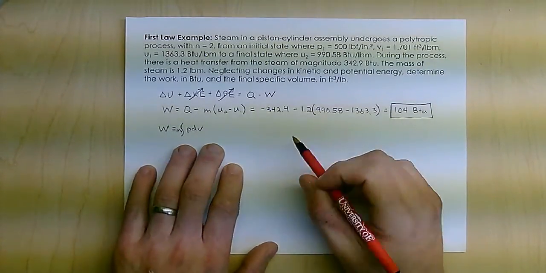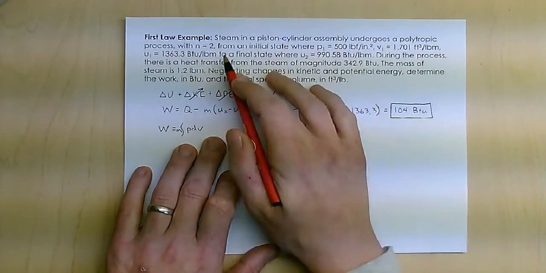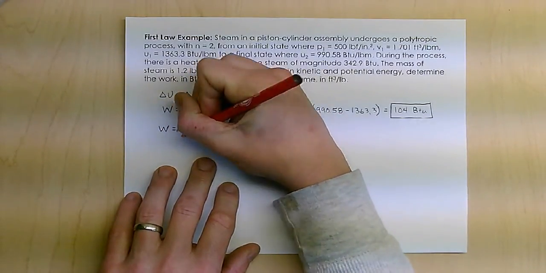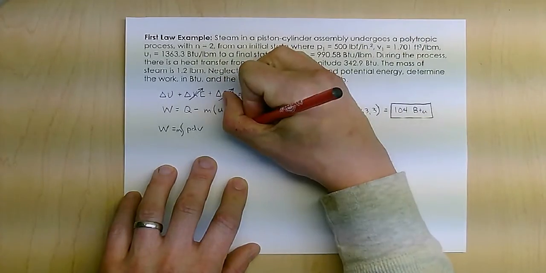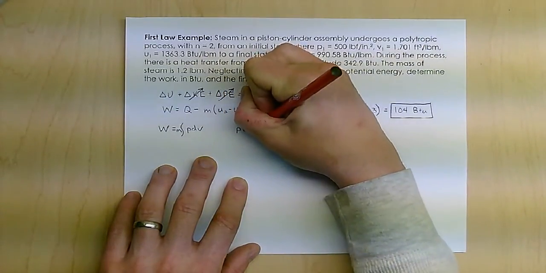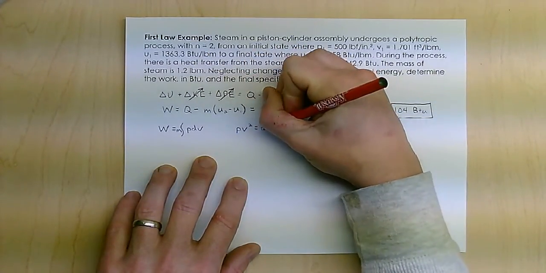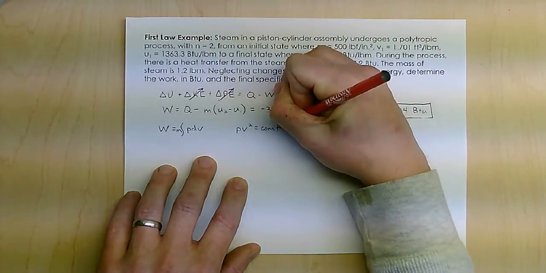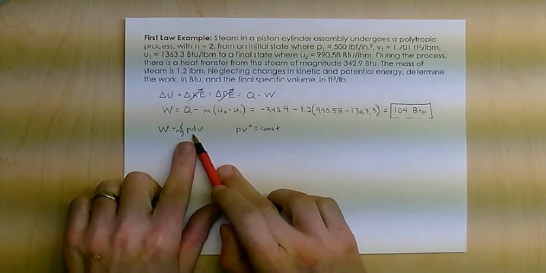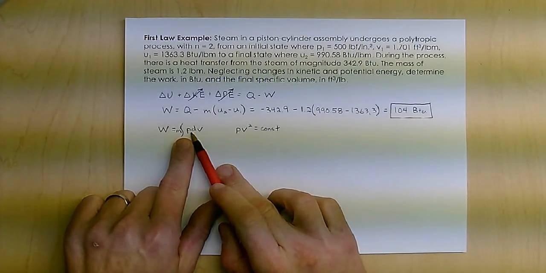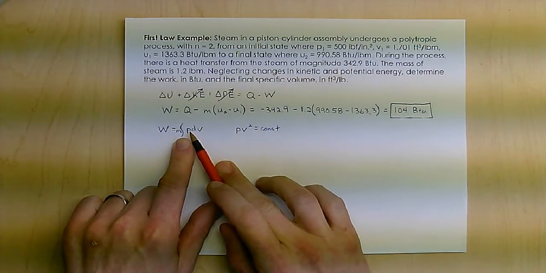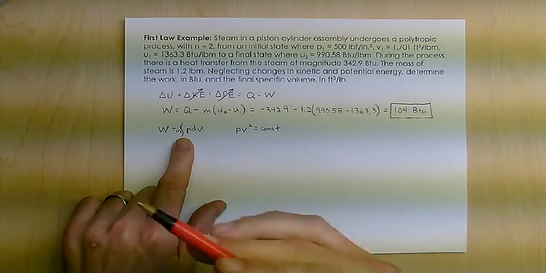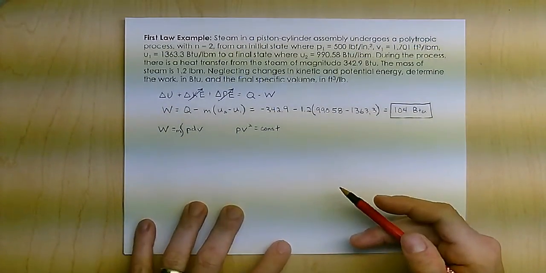Now, I know the relationship is polytropic, which means PV squared, n equals 2, is constant. So to do this integral, I'm going to solve this for P and plug it in here, so I only have V's. I'll have a constant that I can pull out.